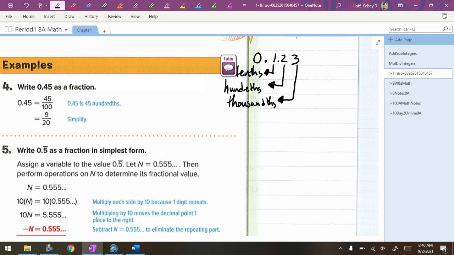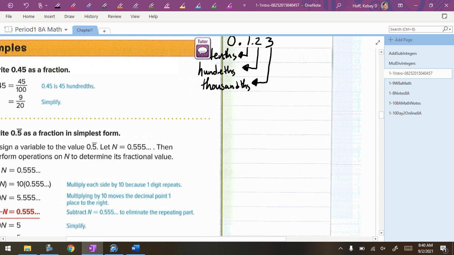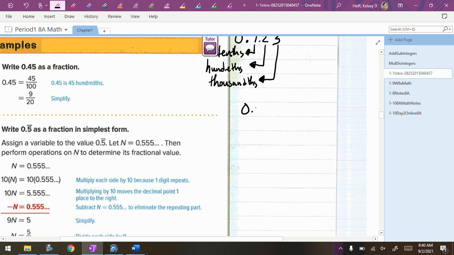Okay, I'm going to give you an example over here because they didn't give us one. 0.3. Everybody write that down. First question I'm going to ask, Bryce can't answer this. Is this a terminating or a repeating decimal? Jack? Terminating.